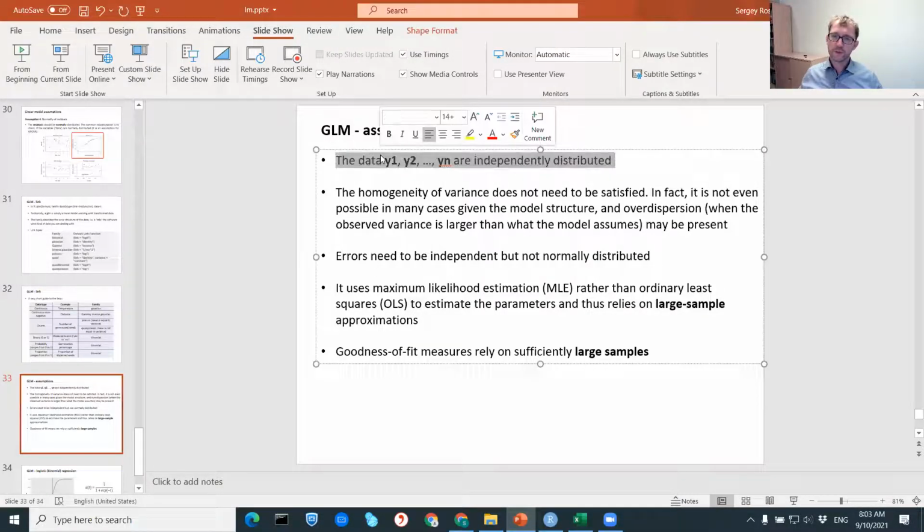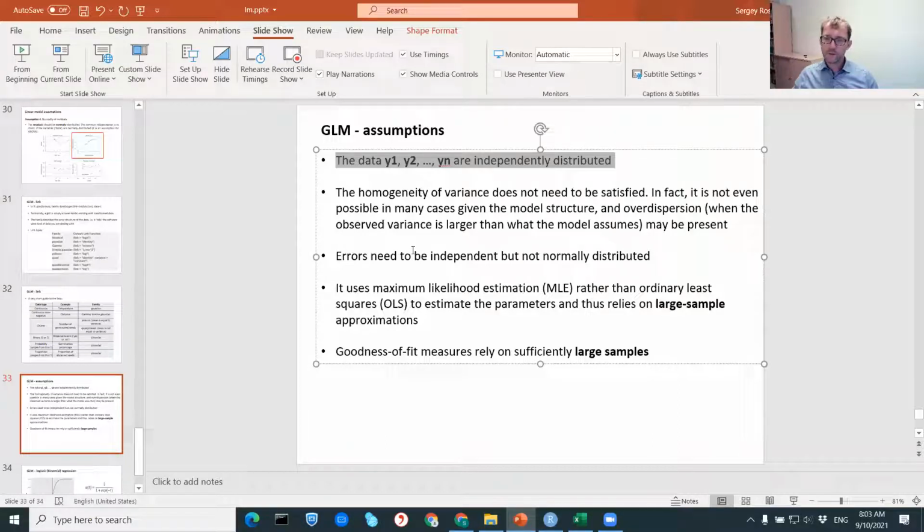First of all, the data, the predictors particularly, should be independently distributed. This is always the case when you deal with ecological data. The homogeneity of variance does not necessarily need to be satisfied, because in many cases when you deal with binary data, for example, it won't be possible. The errors need to be independent from each other, but normal distribution is not an assumption.